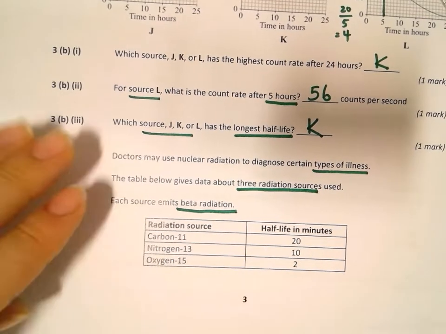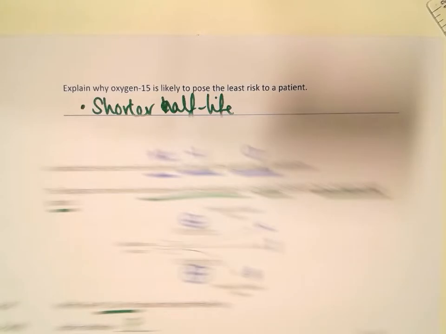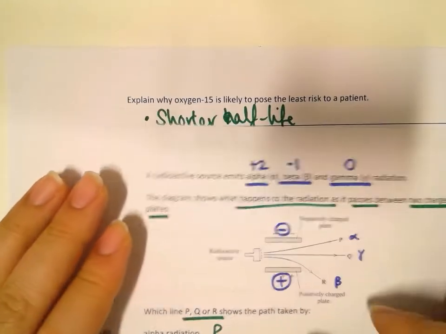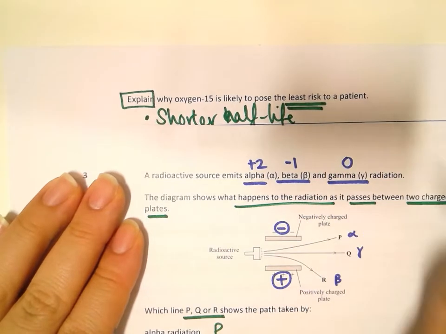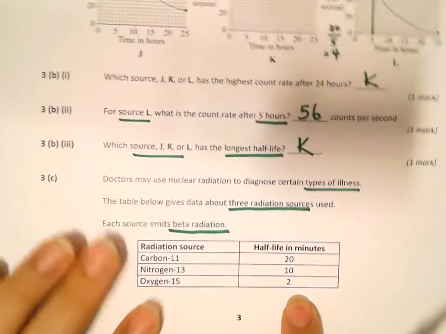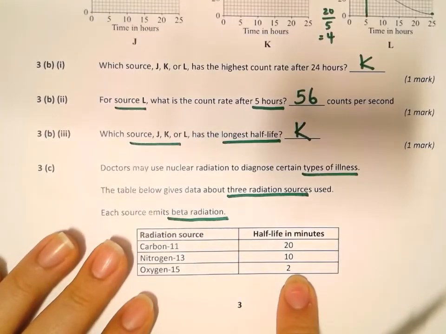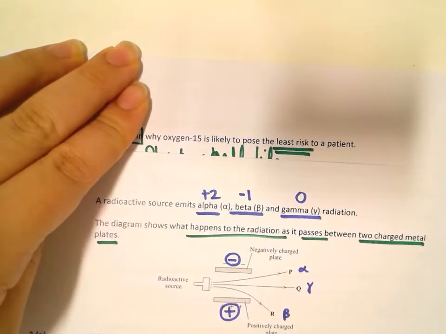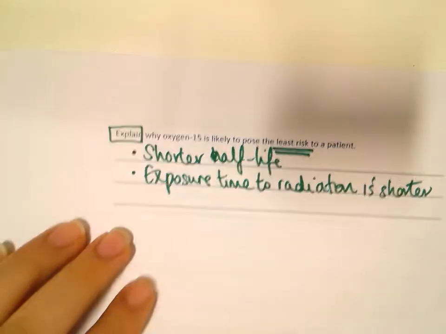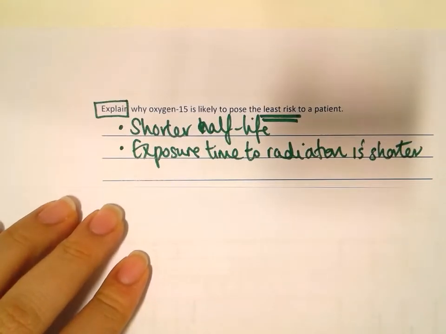The next question says, explain why oxygen is likely to produce the least risk. Oxygen has the shortest half-life, and therefore the exposure time to radiation is shorter.